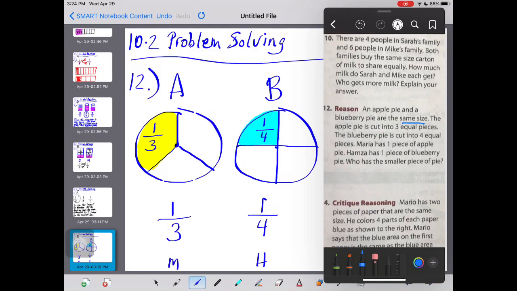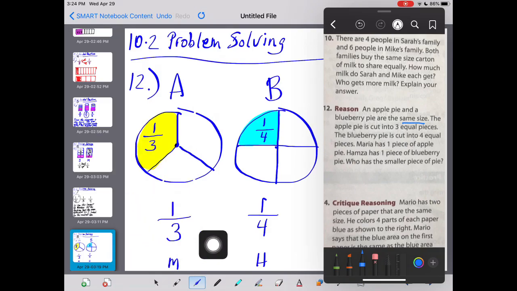Well, it's so nice when you draw pictures because you can see it. But even if you didn't draw the pictures, you could take a look and say, all right, the numerator is 1 and 1, so that's the same numerator. So we're comparing 1 piece against 1 other piece. So now let's look at the denominator. And in fractions, the smaller the number in the denominator, the bigger the piece.